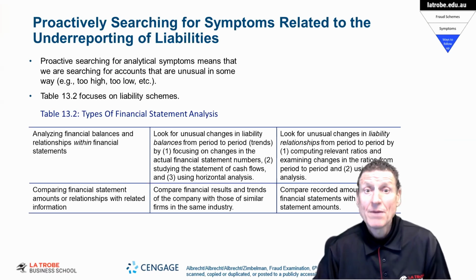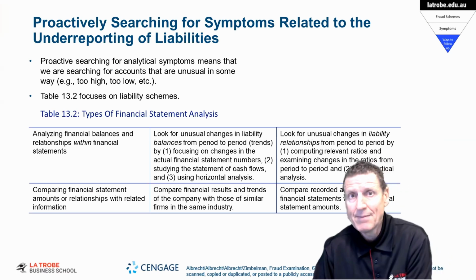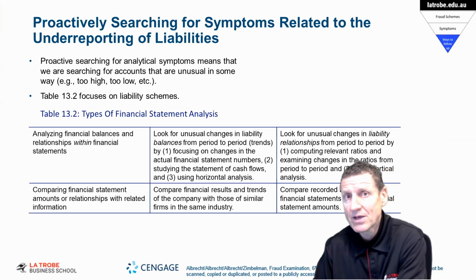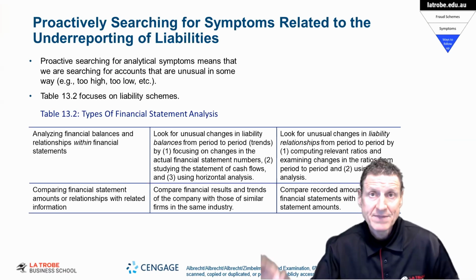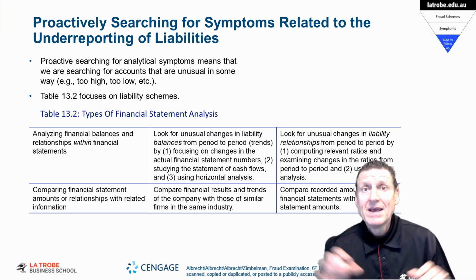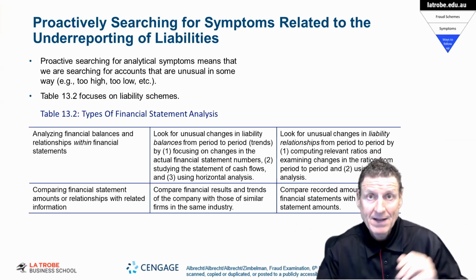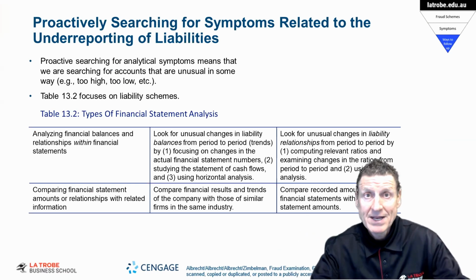And here you're comparing financial results and trends of the company with those of similar firms in the same industry. So you can compare car makers with car makers. You can compare computer sales companies with other computer sales companies, service companies with service companies. Again, assuming you can get information, especially publicly available information of publicly listed companies.